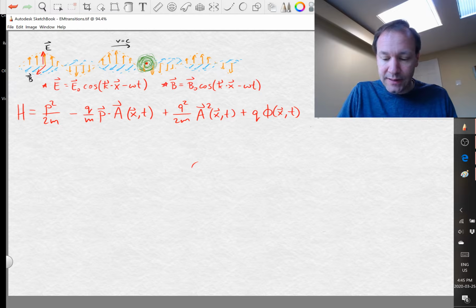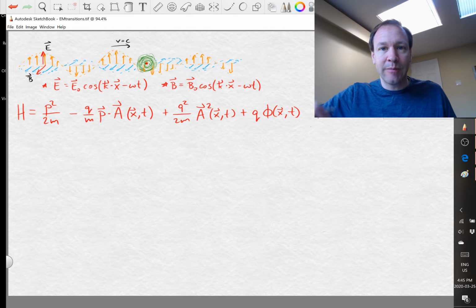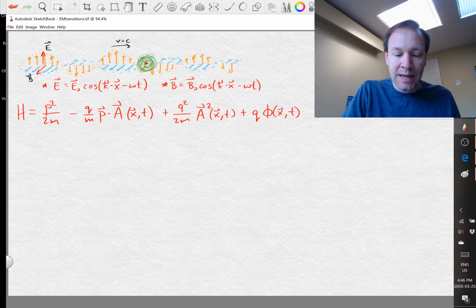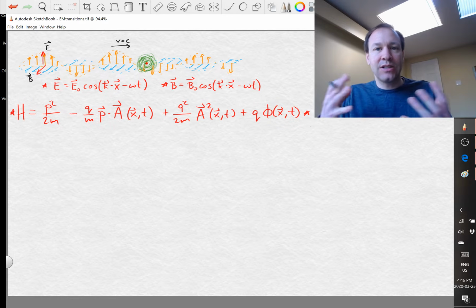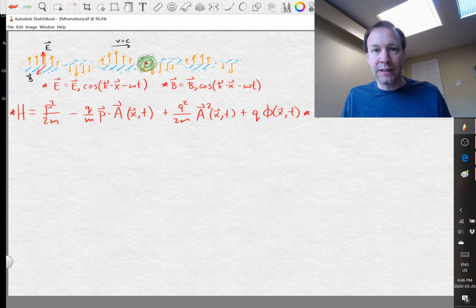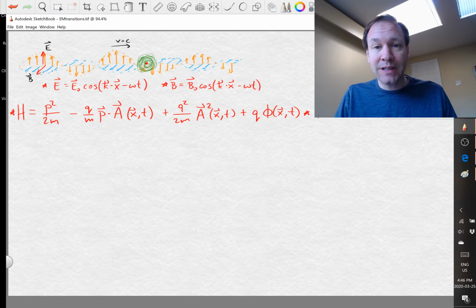but these are basically going to be your electric and magnetic fields. Okay, and so now I assume that you've watched the video about writing down the Hamiltonian for a charged particle in an electromagnetic field, and the result of that video was this general expression for the Hamiltonian. And that's expressed not in terms of the electric and magnetic fields, but in terms of the vector potential and the scalar potential that we can also use to describe those same fields.